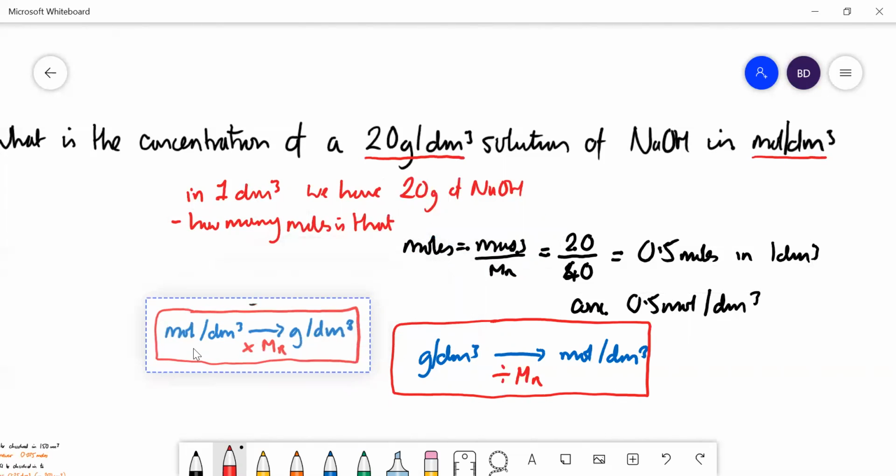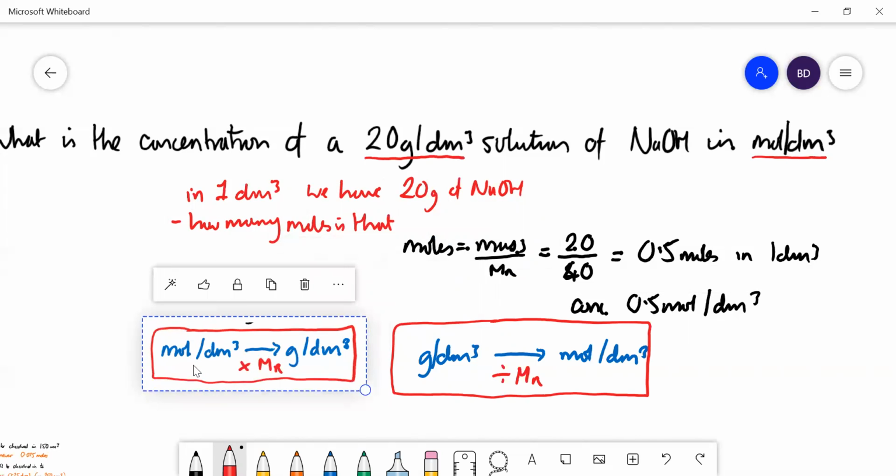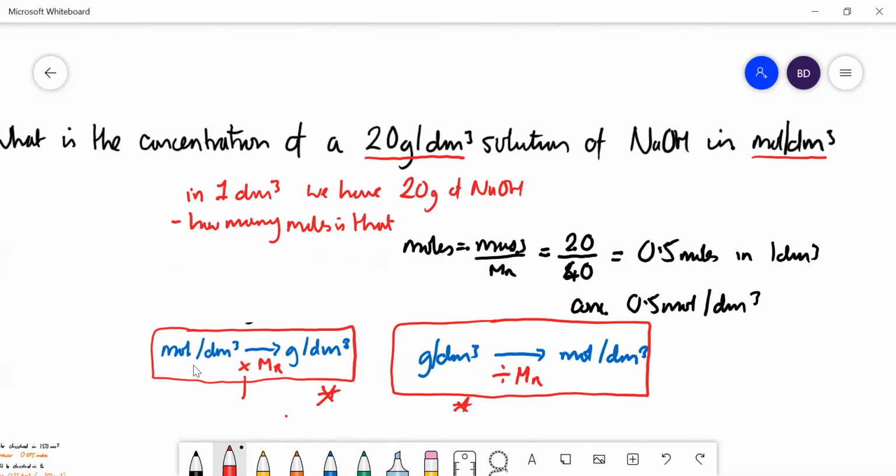There we go. We converted moles per decimeter cubed into grams per decimeter cubed. This time we multiplied by Mr. So if you just remember those two little things, then you won't forget how to do it.